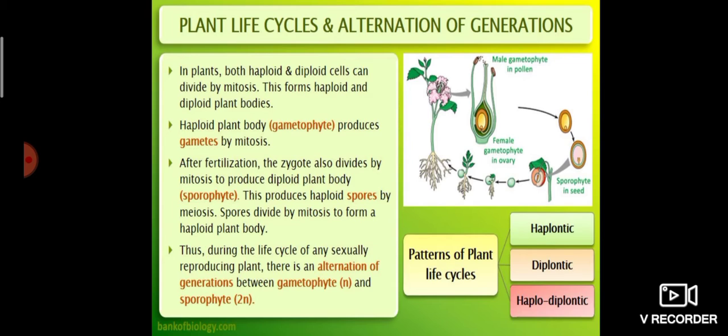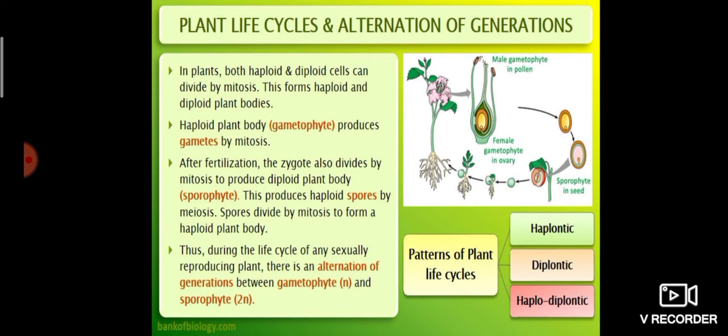After fertilization, the zygote also undergoes division, that is mitotic division, to produce the diploid plant body called sporophyte. So haploid plant body is gametophyte, diploid plant body is sporophyte. Gametophyte produces gametes, sporophyte produces haploid spores.